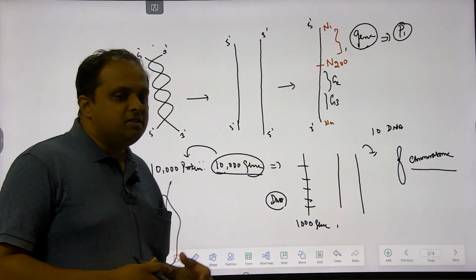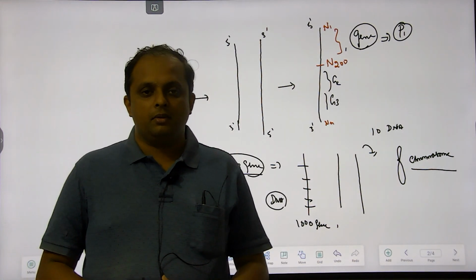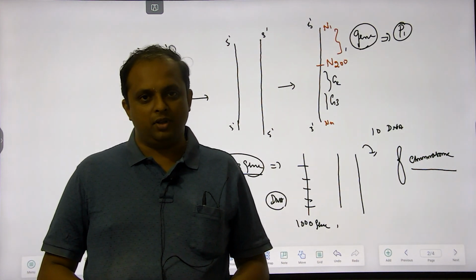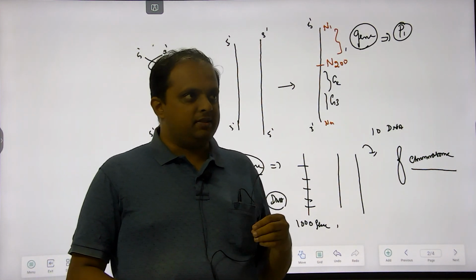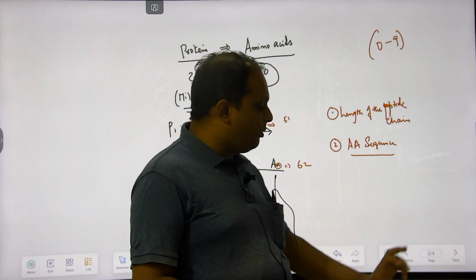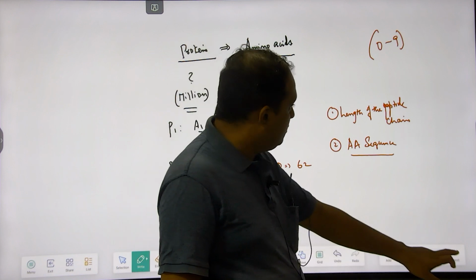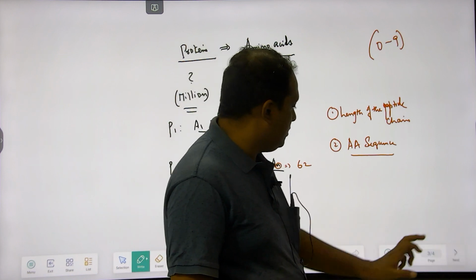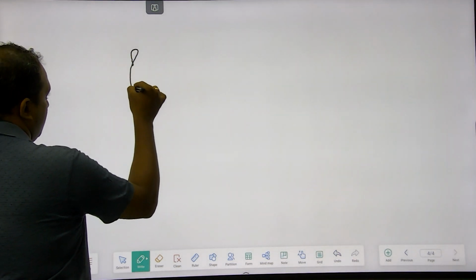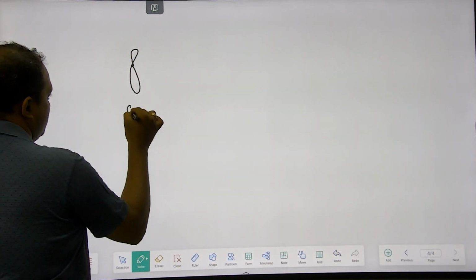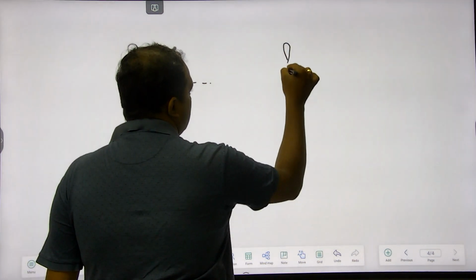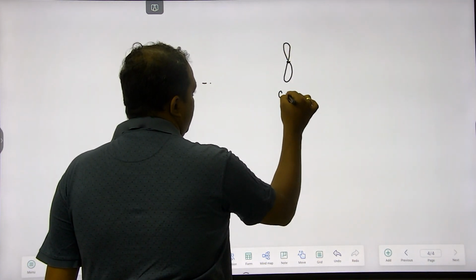And friends, this is the reason why different organisms have different numbers of chromosomes. Say, for example, humans have 23 chromosomes, say C1 going till C23.